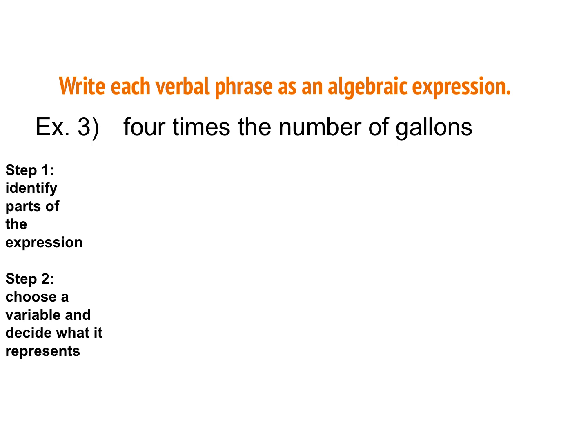All right, this is example 3: 4 times the number of gallons. So I see 4 times, that would be multiply, the number of gallons. So the number of gallons is my unknown. So I'm going to go ahead and write my unknown. I'm going to say G equals the number of gallons.